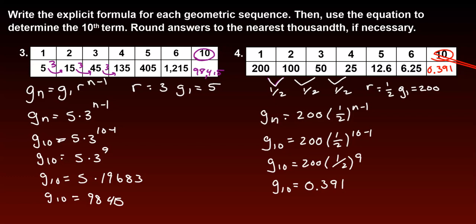Your first term is 200, so we have G sub n equals 200 times half to the n minus 1.